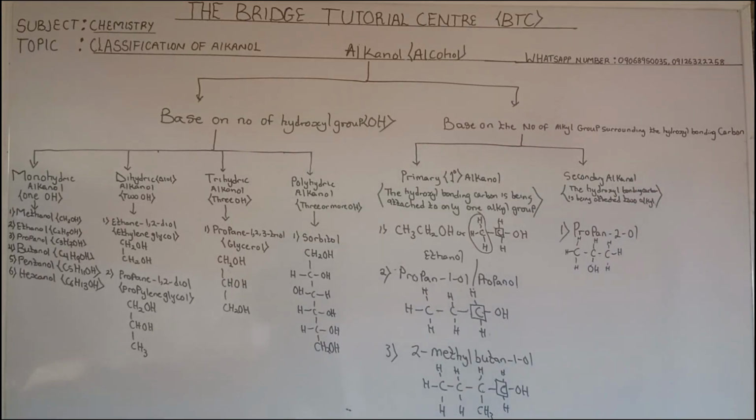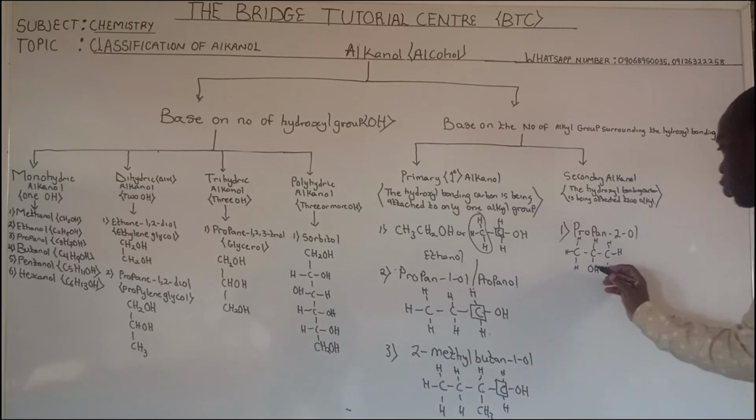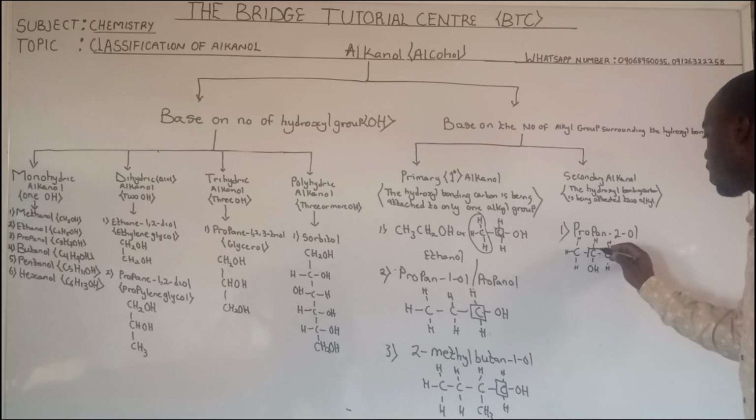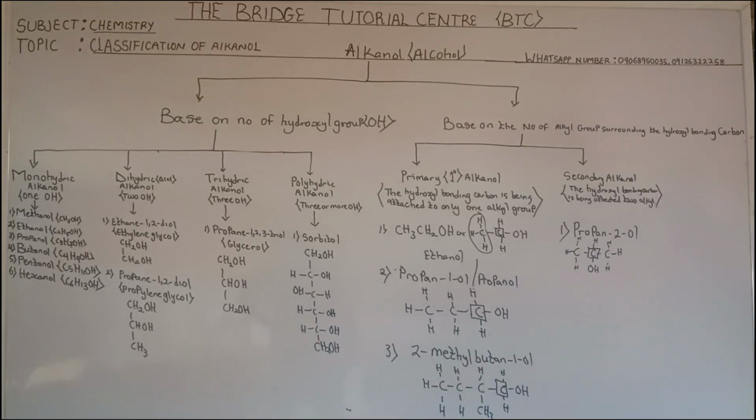How do we know that it is a secondary alkanol? The first thing is that you identify the hydroxyl bonding carbon. So where is the hydroxyl bonding carbon? That is the carbon atom that is being bonded to OH. This is the carbon atom. As you can see, this is your OH. This is the carbon being bonded to it. Then how many alkyl groups, or let me just use simple terms, how many carbon is being attached directly to it?